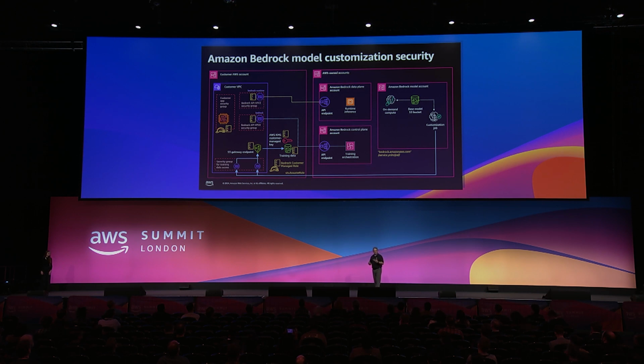And so once those ENIs are in place, it will then read the data from the S3 bucket, decrypt it via the gateway endpoint, get it all back to the customization job, and it will slowly but surely train your model. One benefit of this approach is your S3 bucket is still locked down to your VPC. You've not had to say, let Bedrock access this, or give it any more rights to any other entity. It's just locked to wherever you were locked to before. And just by giving us rights to put an ENI in your VPC, we can stream the data that way instead. And it just means you don't have to open up that bucket, which keeps many security people, well, much happier.